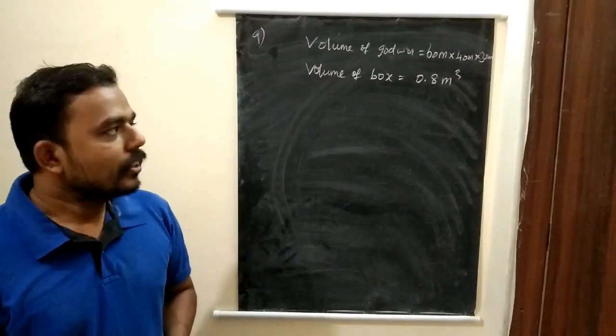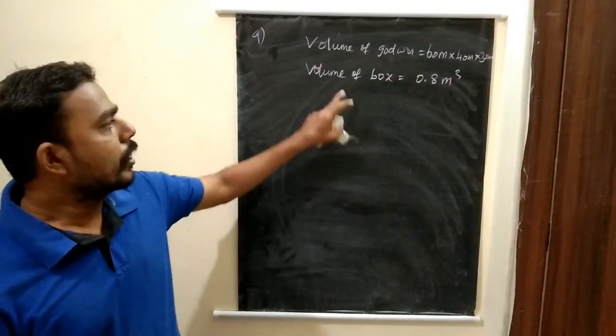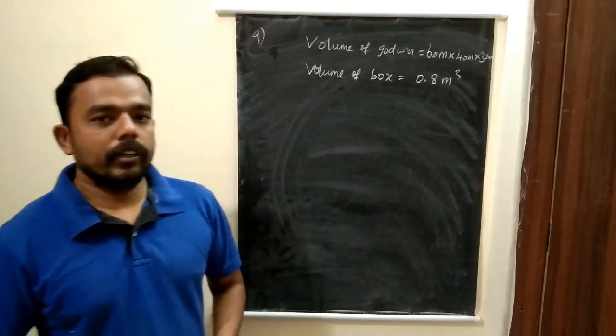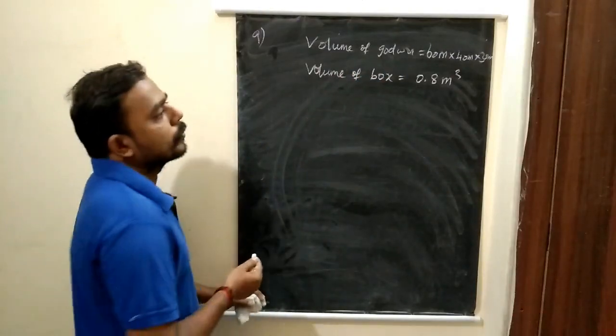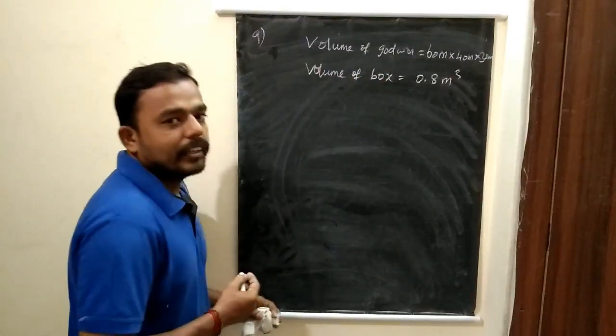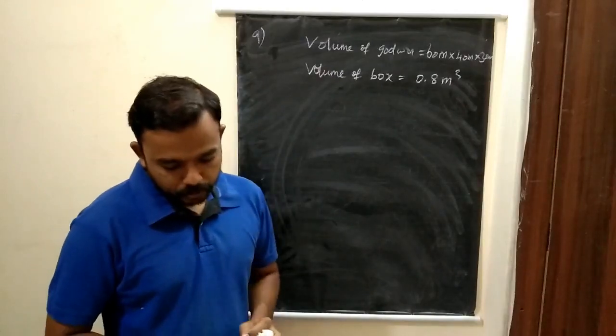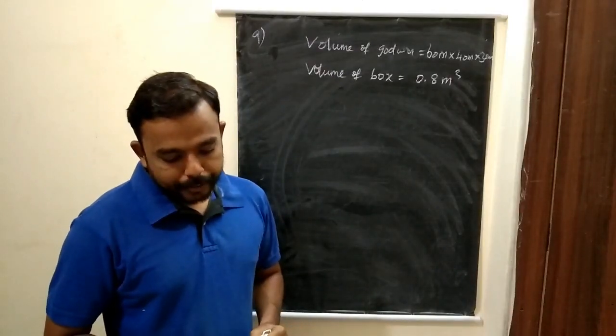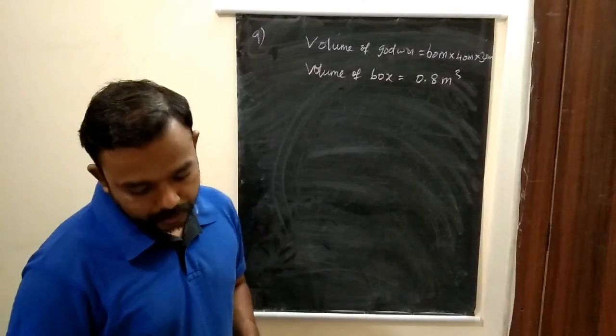So how many boxes can be stored in the particular cuboid means we need to write it in division form. The actual question is how many cuboidal boxes can be stored, in terms of the volume of the box.